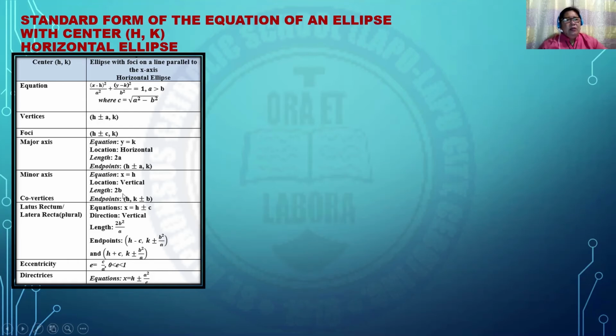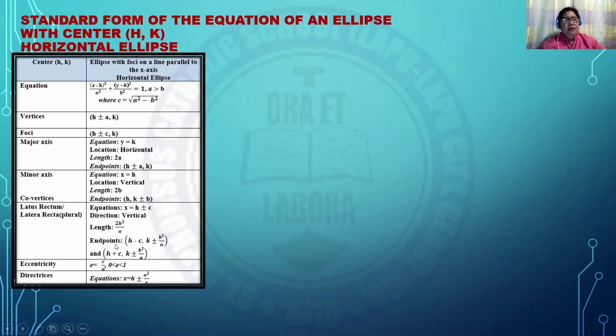The length is also 2b. And the endpoints, we have h and k plus or minus b, or simply the endpoints of the co-vertices. For the latus rectum, equation x is equal to h plus c and x is equal to h minus c. Direction is vertical. The length is 2b squared over a.